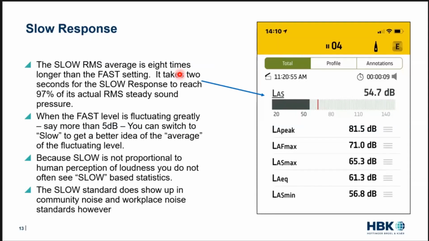The slow weighting shows up now and then in ordinances and other specifications. As with fast, the typical slow response parameters are slow maximum and slow minimum. Because slow is not proportional to the human perception of loudness, you do not often see slow-based statistics.